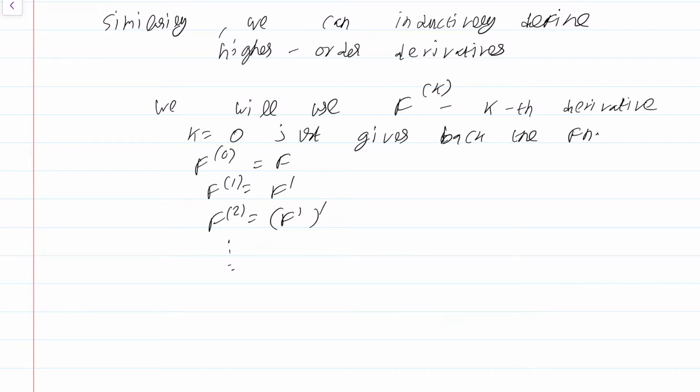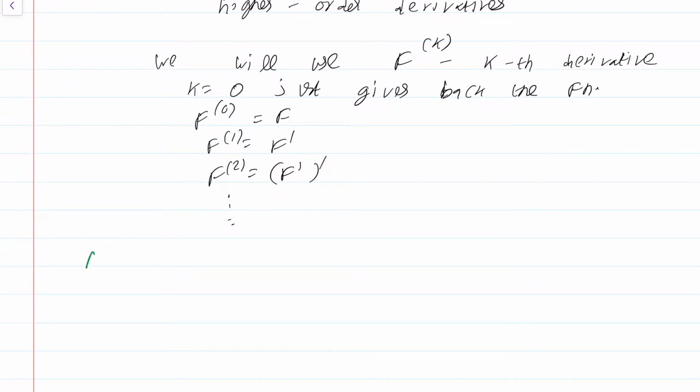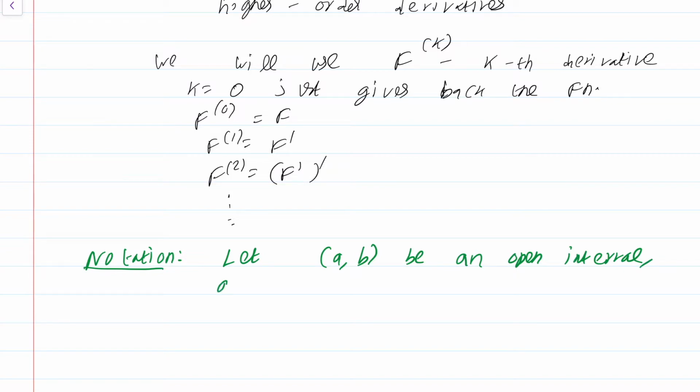Now, one important notation, since it's important, I'm going to put it in green. Let (a, b) be an open interval, a less than b.